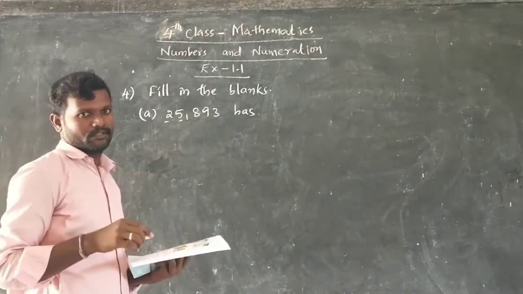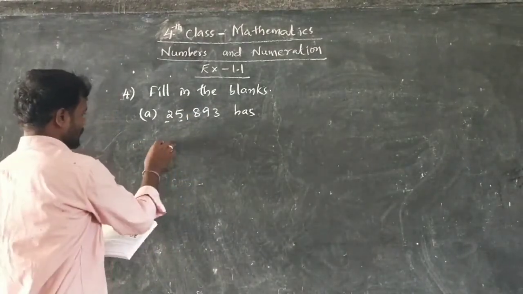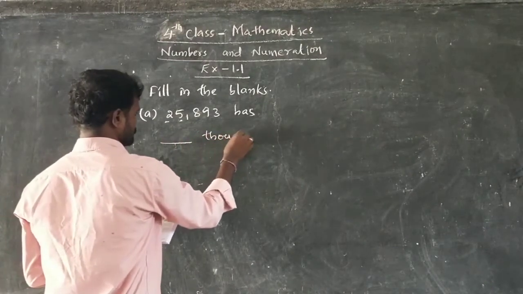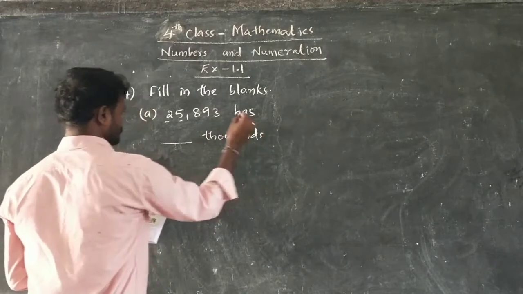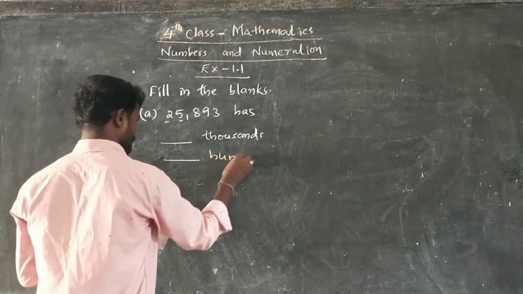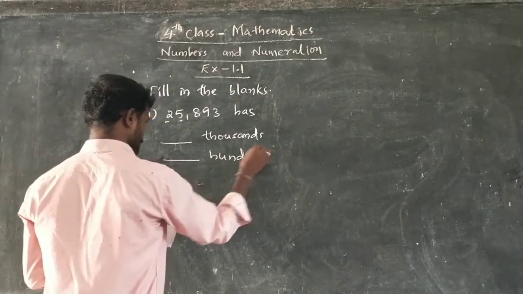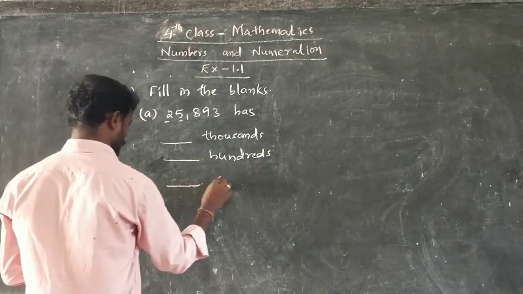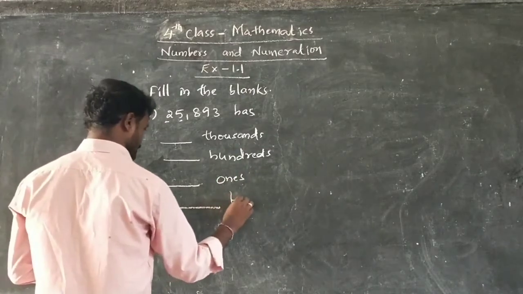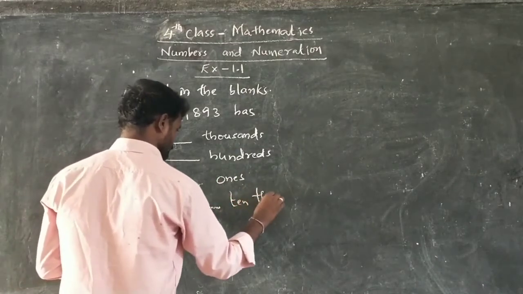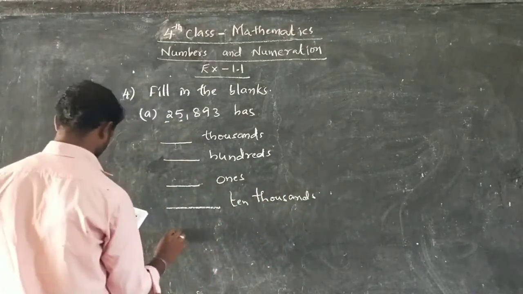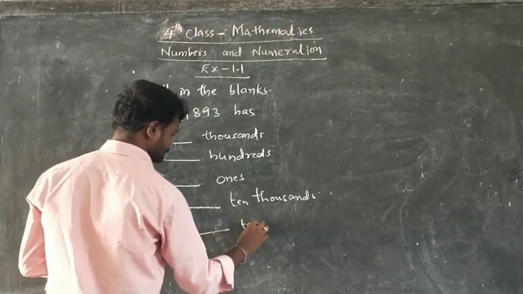25,893. That has dash thousands, dash hundreds, dash ones, dash 10,000s, dash tens.